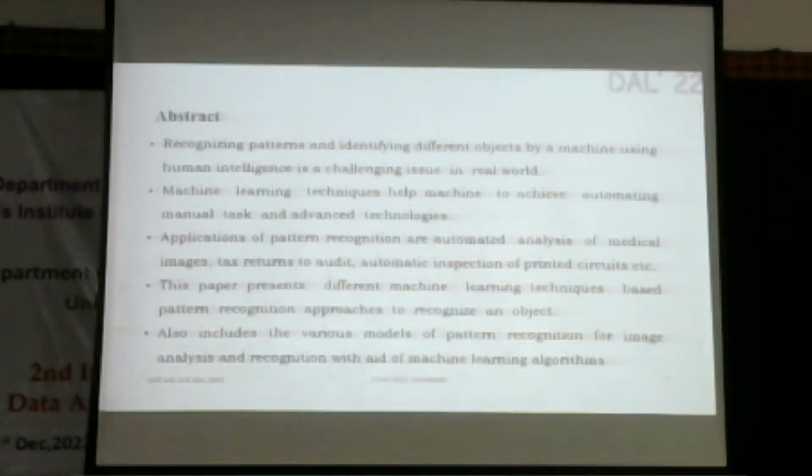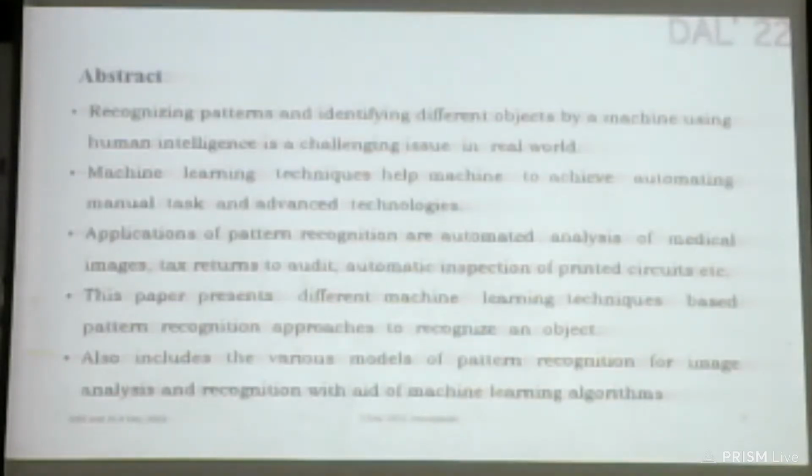Abstract says, recognizing patterns and identifying different objects by machine using human intelligence is a challenging issue in the real world. As we know, machine learning techniques help machines to achieve automatic, manual tasks and advanced technologies.